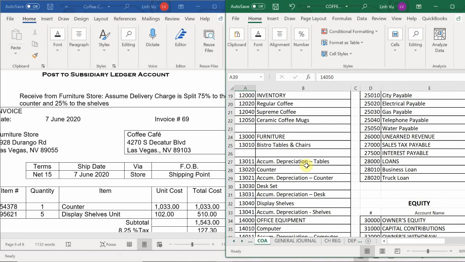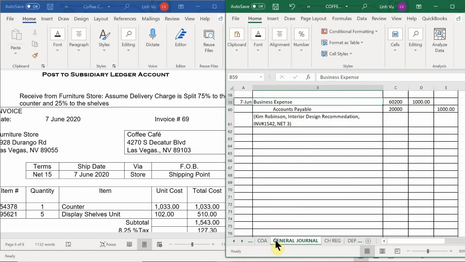So let's go ahead and determine the two account numbers from the chart of accounts. My two accounts are the counter and the display shelves.